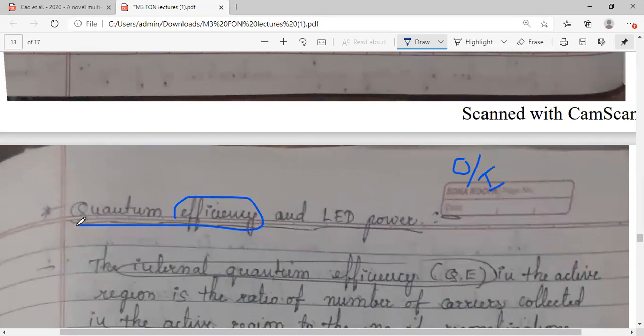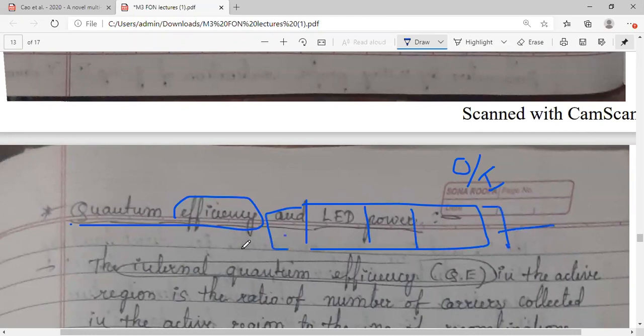That is the efficiency. Talking about the quantum efficiency, when I have a heterostructure like this, we have 5 different layers, right? The ends are for metal contacts. The central one is the active region. These two are the confinement layers. So talking about the quantum efficiency, we have two parts here.